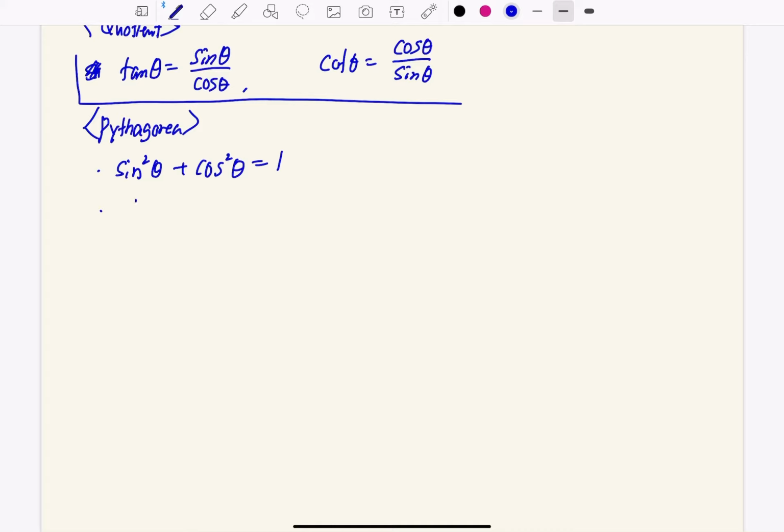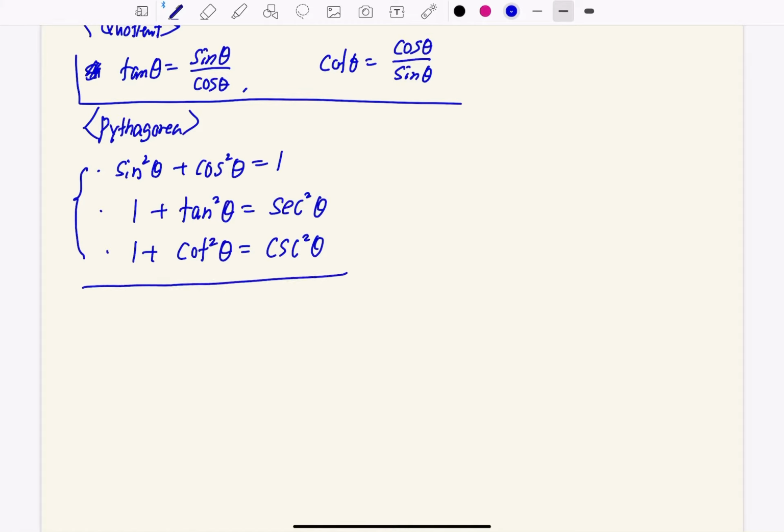Next, 1 plus tangent squared theta is equal to secant squared theta. Third one, 1 plus cotangent squared theta is equal to cosecant squared theta. In Precalculus class, you should memorize all of this. They use these three Pythagorean identities a lot.